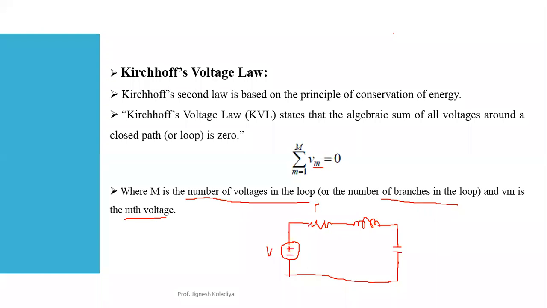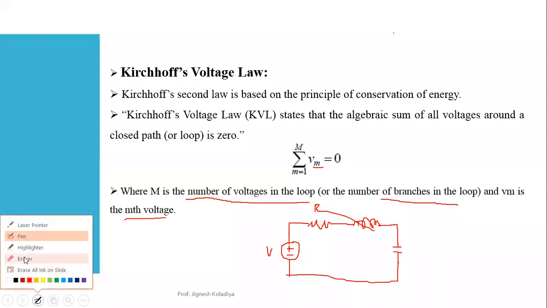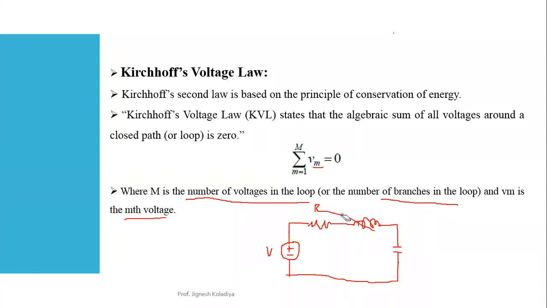Now let us take, this is R, L, and C. And if I'm taking the direction of current like this, the current passing through is I, then one voltage drop is created across this resistive element, that is VR.